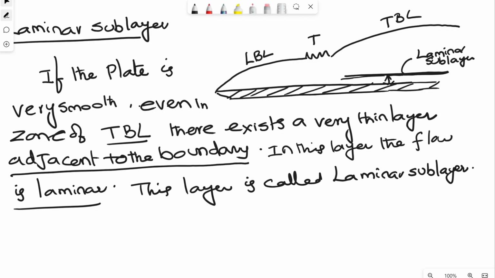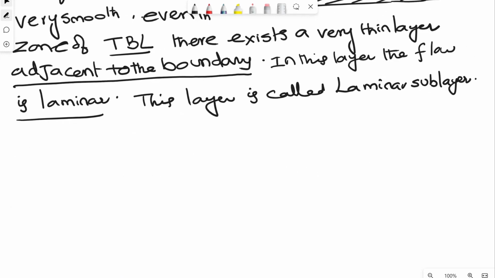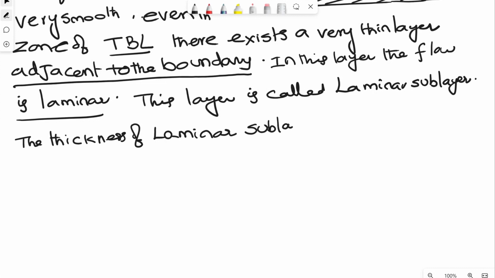Then coming to next, the thickness of laminar sublayer is denoted by delta dash.